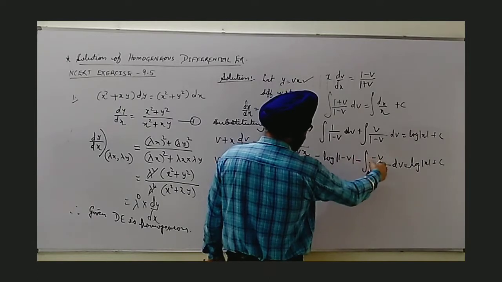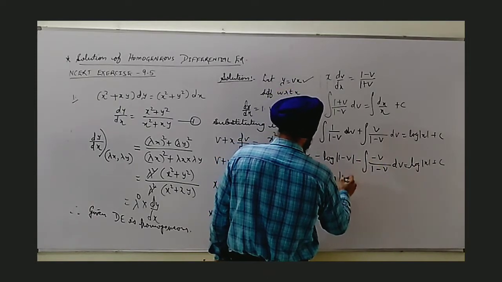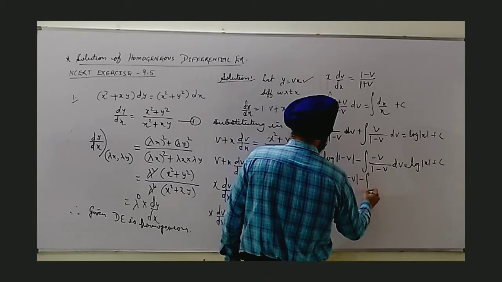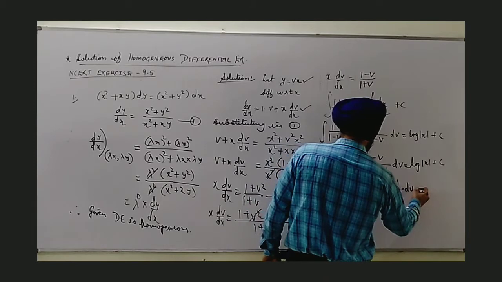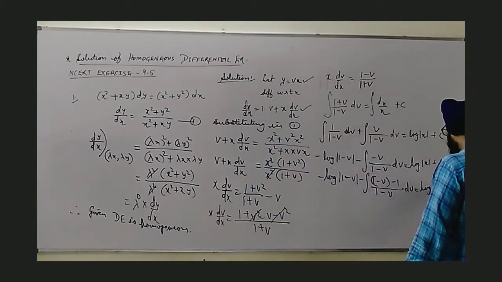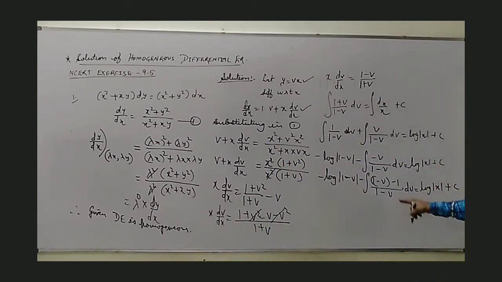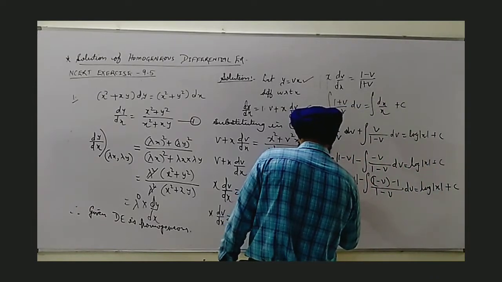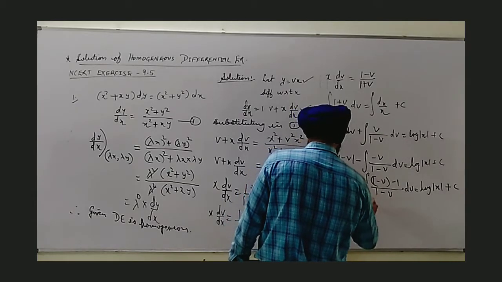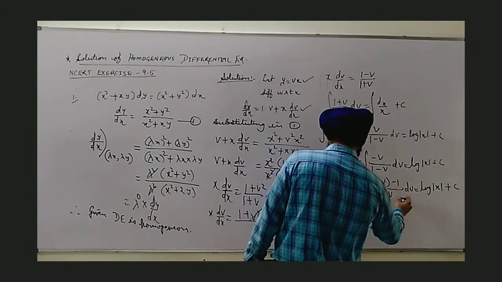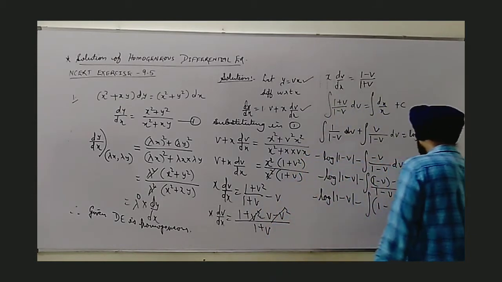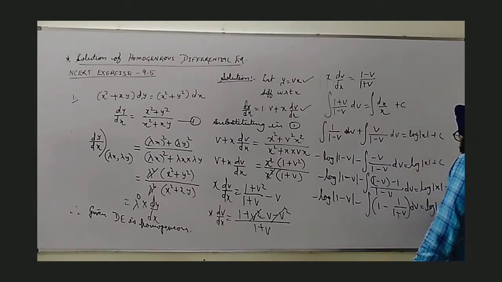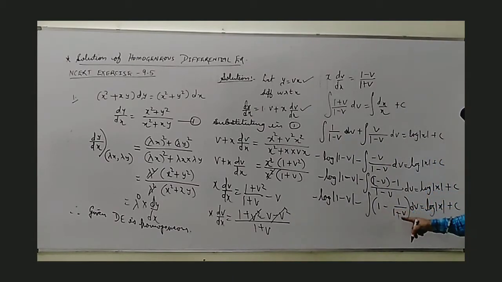This minus v, now 1 can be added and subtracted. We can write this as log of 1 minus v minus (1 minus v minus 1) upon 1 minus v dv equal to log mod x plus c. After this, I will separate it in both terms of numerator. So finally we get minus log 1 minus v minus (1 minus 1 upon 1 minus v) dv equal to log mod x plus c. Here it is v and this also can be done.